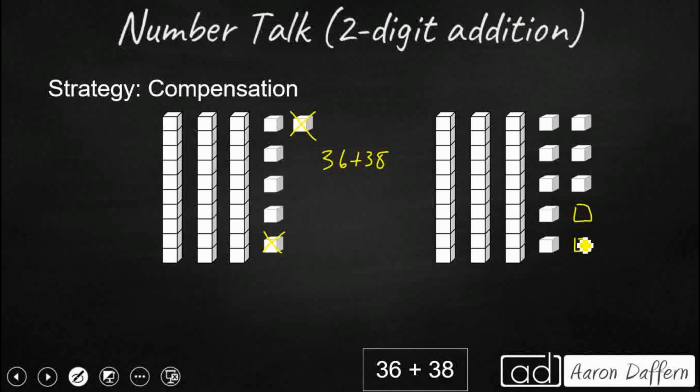Well, now I'm going to have 34, and now I'm going to have 40. So if I take 2 away from my 36, that gets me 34. Add those 2 to my 38, I get 40, and you can do that. That's called compensation. And look what happens when you do 34 and 40. Well, that's a lot easier, and there's going to be no regrouping involved, 74.